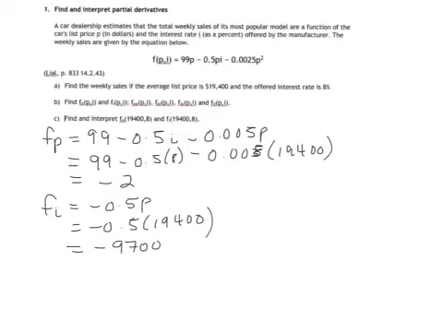Okay, so now the interpret part. So just like we did mathematically for f sub p, we looked at the derivative with respect to p and we kept I constant. So what this means when we're substituting values in is that we've kept the interest rate at 8%, but we have raised the price by $1, right?